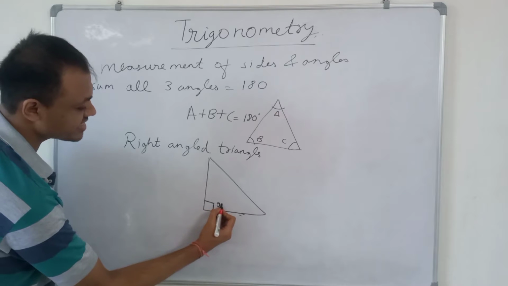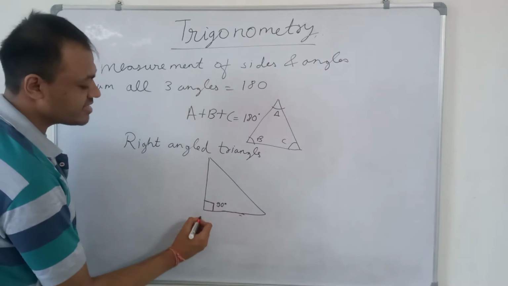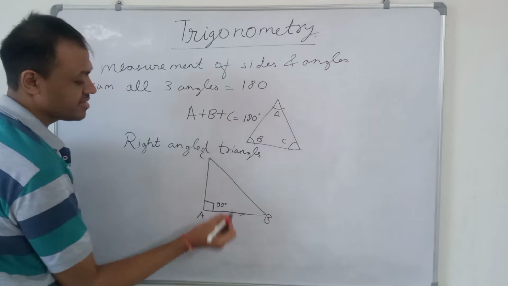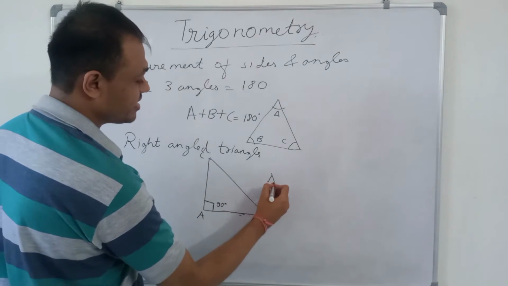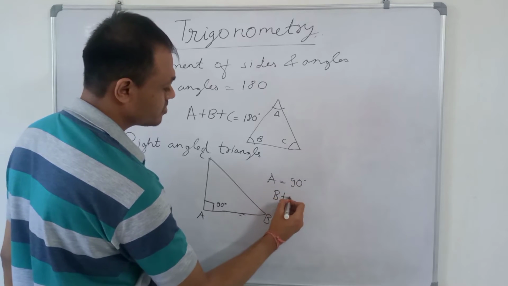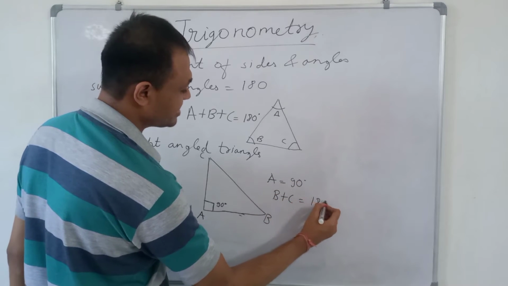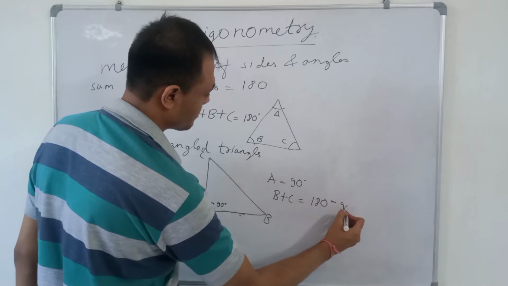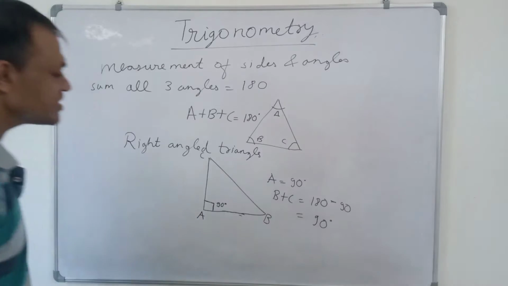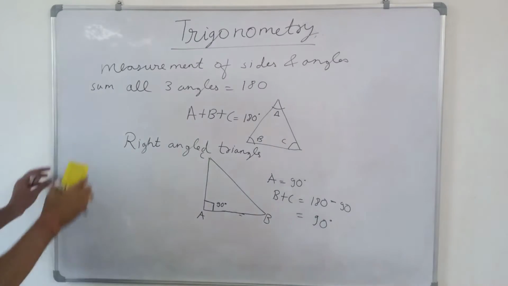So it means that it is 90 degrees. Let's say this is A, this is B, and this is C. So A is 90 degrees. So B plus C will be equal to 180 minus 90, so B plus C will be equal to 90 degrees. These are the basics of trigonometry.